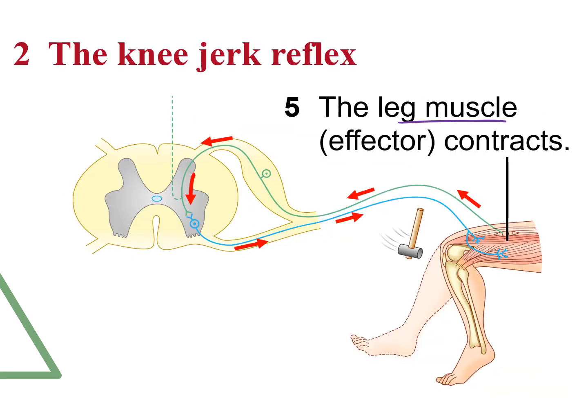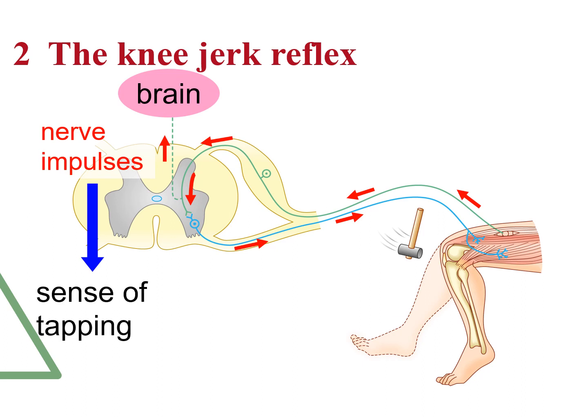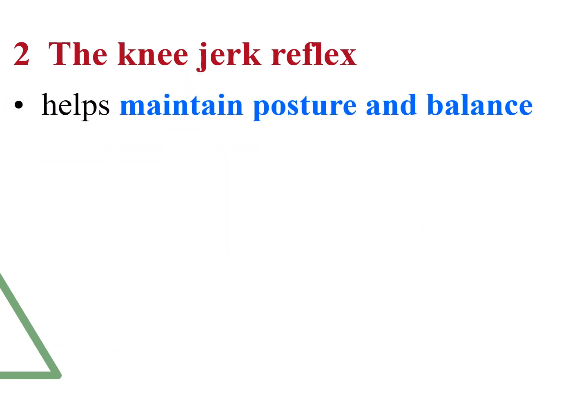When your leg muscle contracts, your leg will kick up. We call this knee-jerk reflex. The sensation of tapping will be sent by the nerve impulse through another interneuron to the brain. The function of having knee-jerk reflex is to maintain posture and balance.